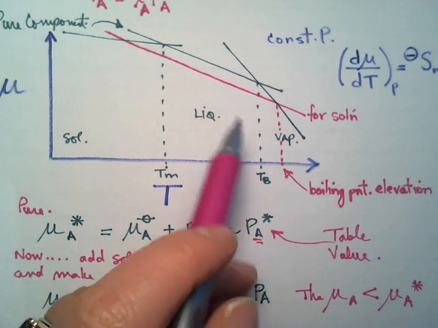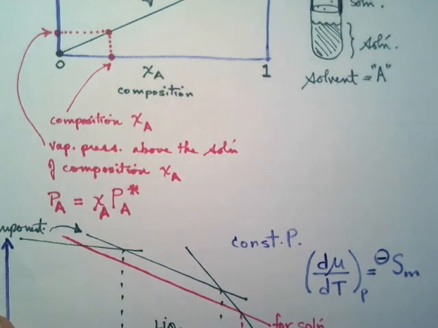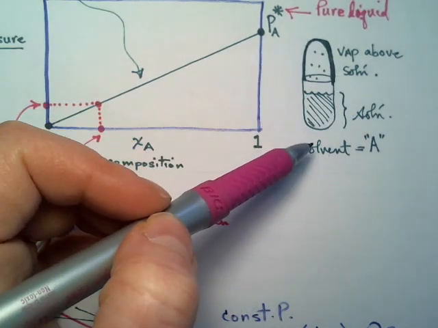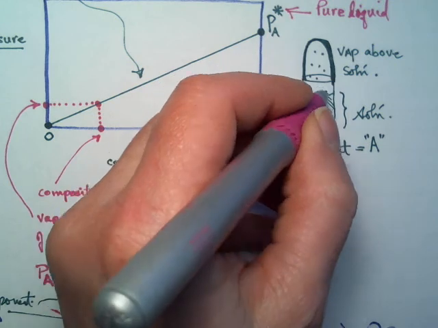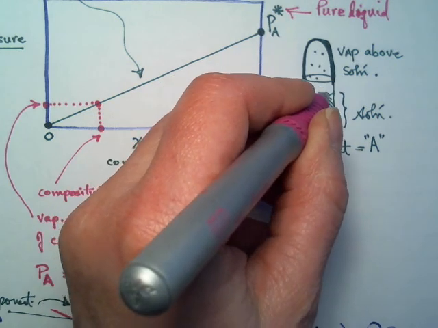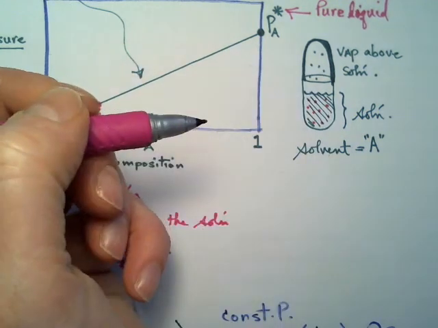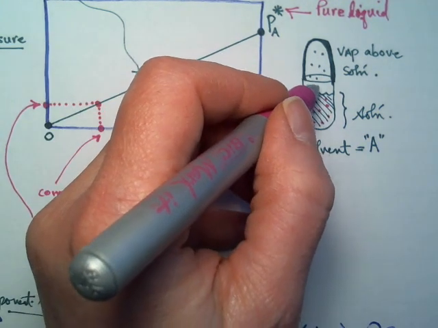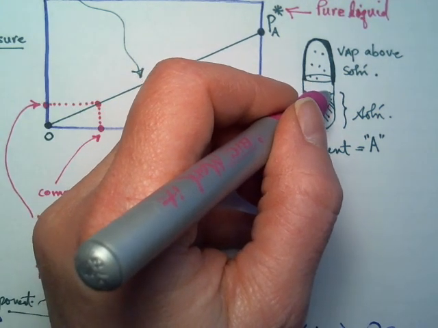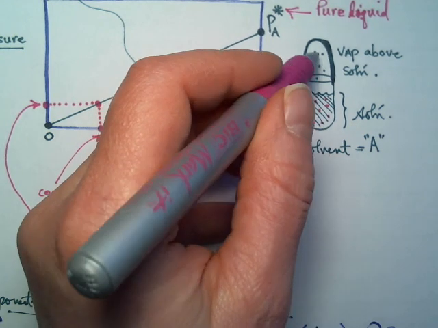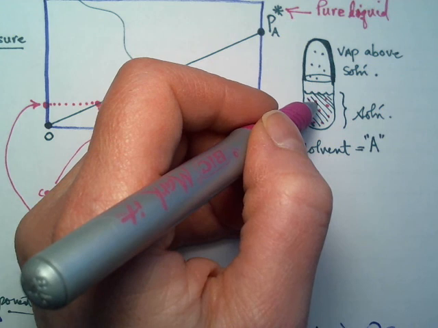Interesting, because if I go back to my little sketch of this solution, see, when I have now some A solutes in it, now I have fewer molecules of A at the surface that are going into the vapor.